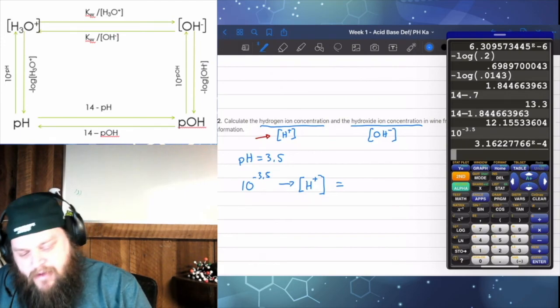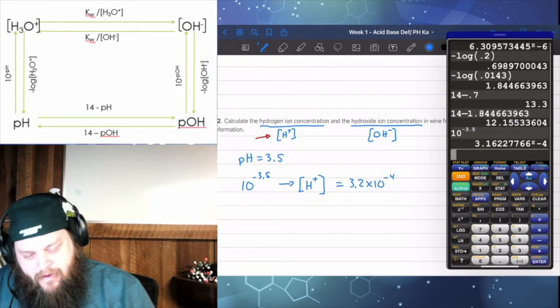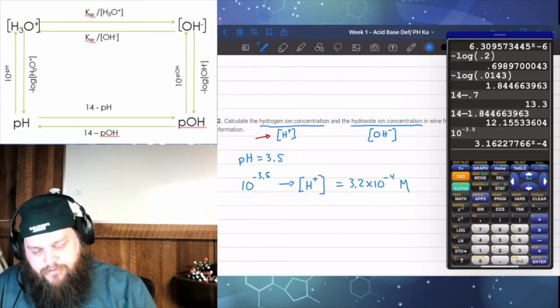Perfect, yeah, that's what I got. Takes a while to type all that in. And that would be molarity.